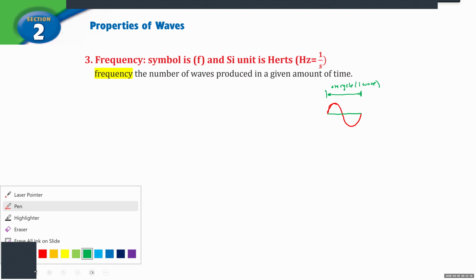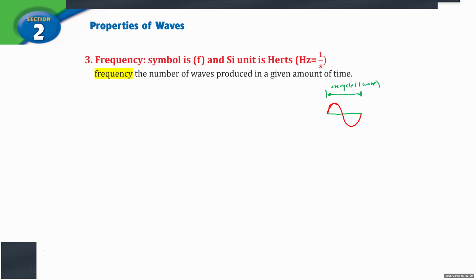So if I draw many waves or cycles here, let's see the number of waves, we can say the number of cycles, the number of waves or number of cycles per unit time.